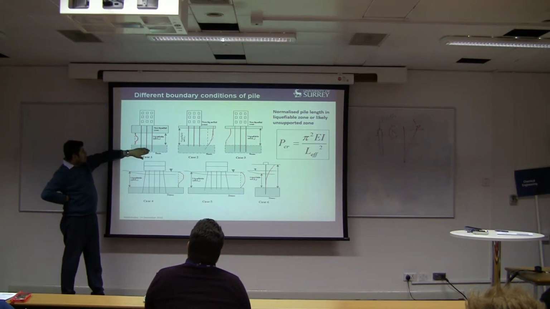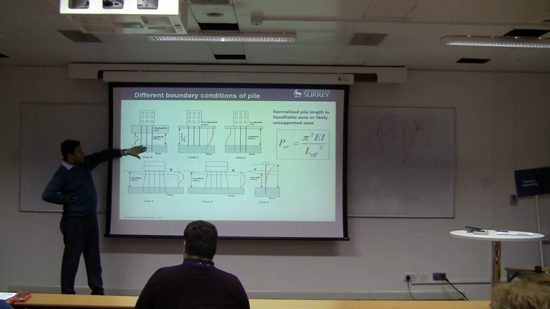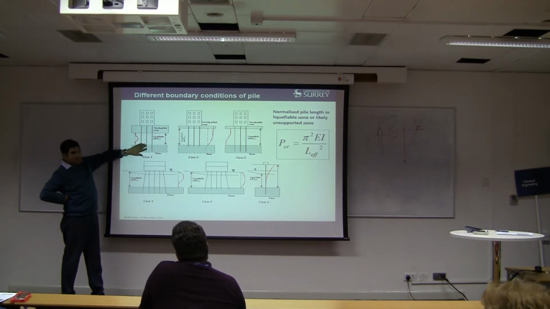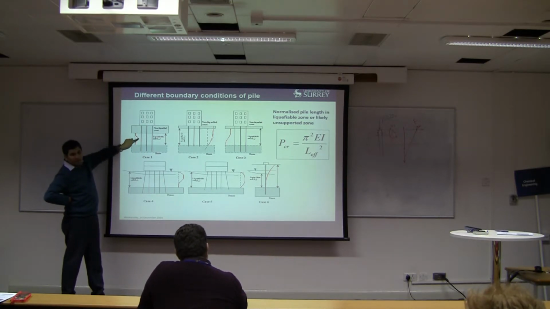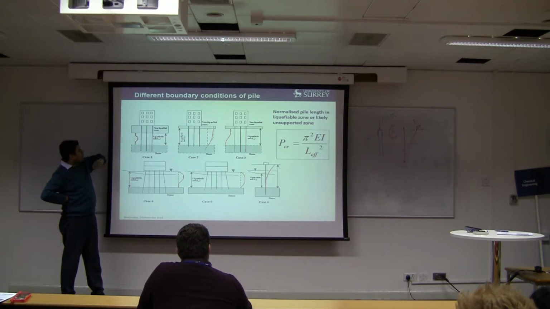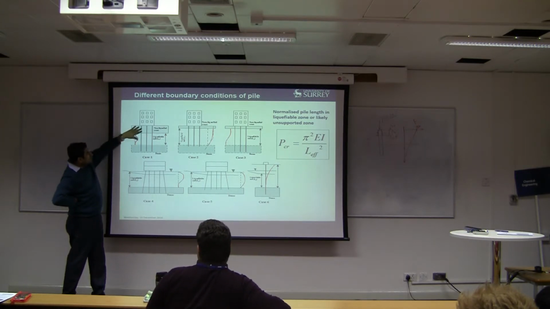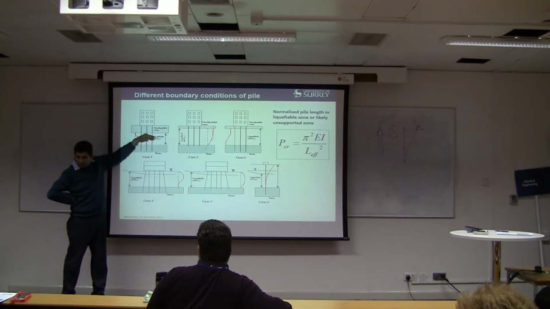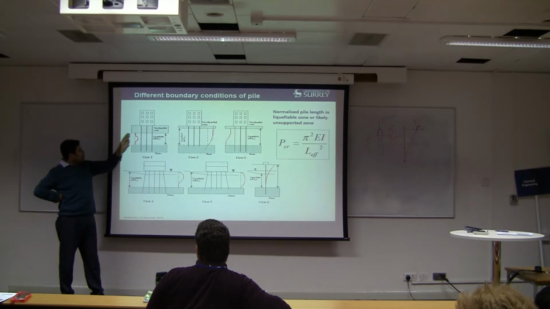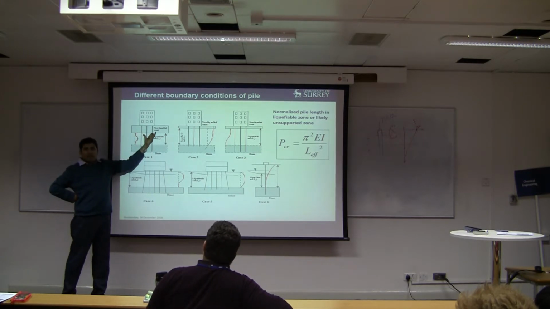In this case, if it is embedded deep in a dense layer, we can consider it to be sort of fixed somewhere there, so that it will buckle in this particular pattern. But it seldom happens, because if it is liquefied soil, this thing will move on top of it, right? You really can't have a top fixity.